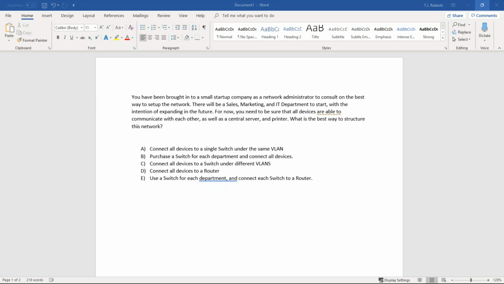Still a single point of failure. Yeah, it could be if one of the switches goes down. Now, if you have spanning tree protocol running, you should be able to sidestep that. But I see what you're saying.